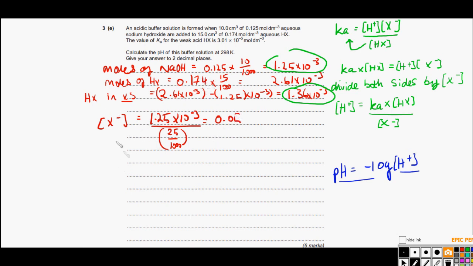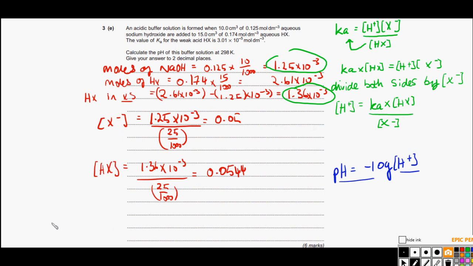And then we do the same for our HX. HX concentration is equal to 1.36 × 10⁻³ all over the total volume, which is 25 over 1000, and that gives us 0.0544. Now that we've calculated our X minus and HX, we simply put these into the formula to give us H+.